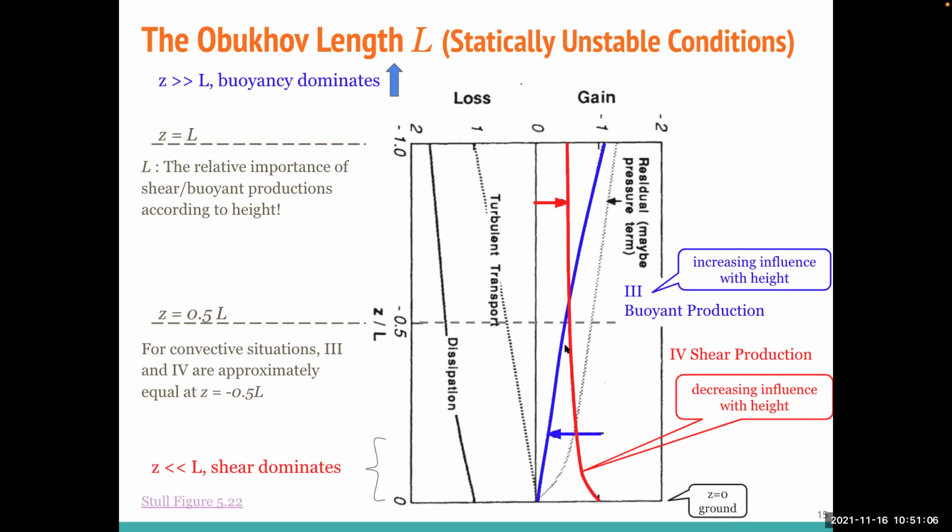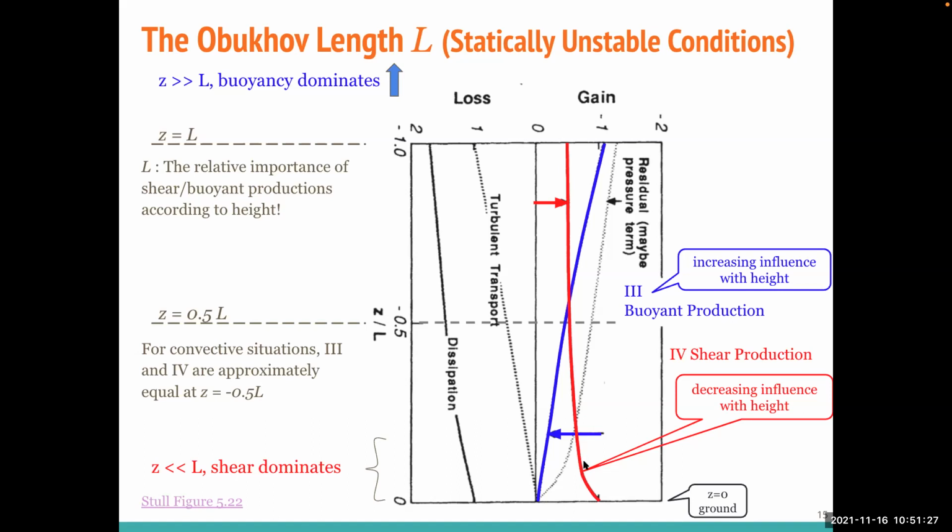So we have different contributions here. Of course, the two most important ones are from term 3 and term 4. Term 3 is the buoyant production. Okay, so it's coming from measurement. So you can see that it's getting larger and larger, more and more important in the upper part of the PBL.